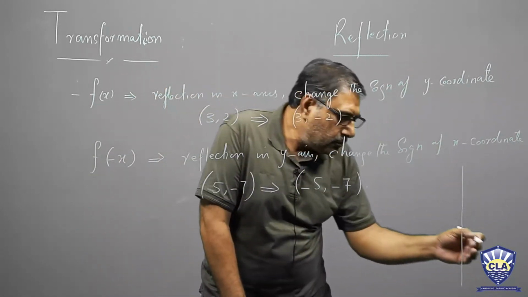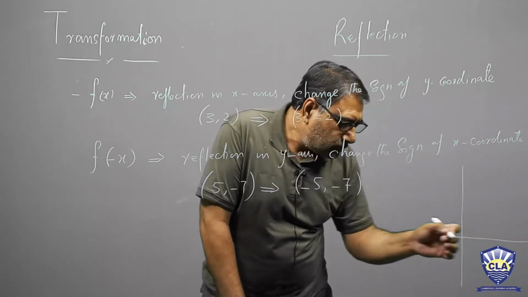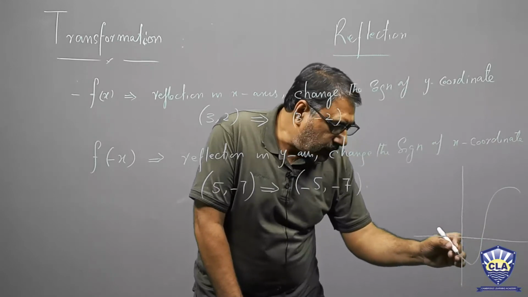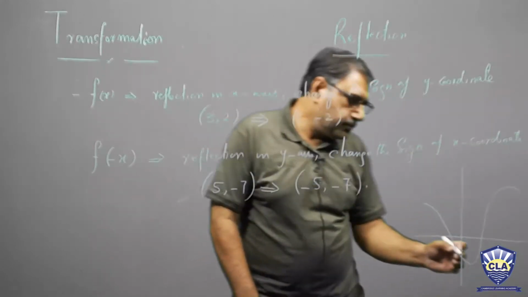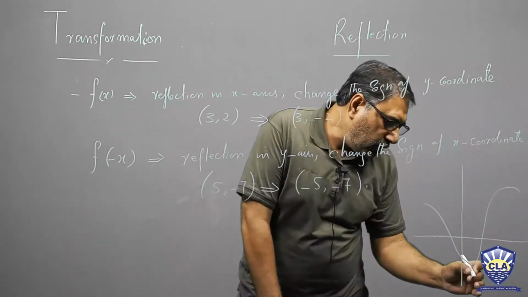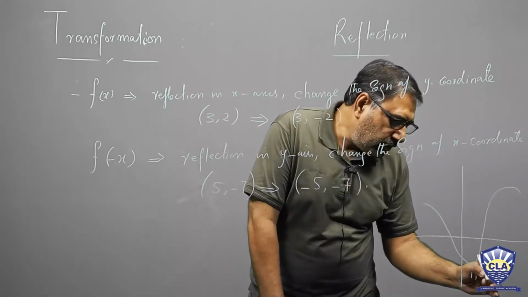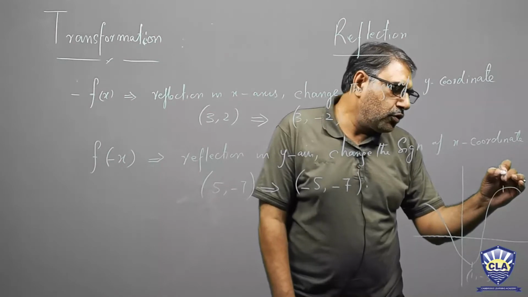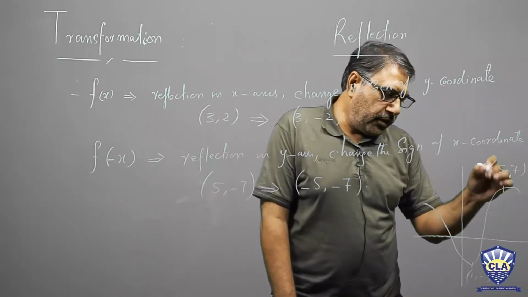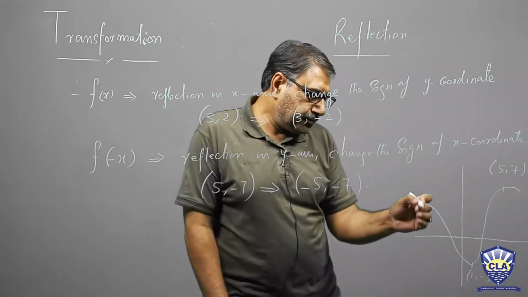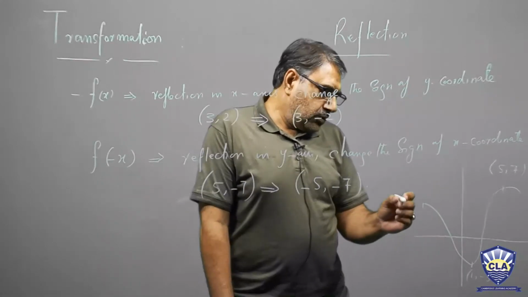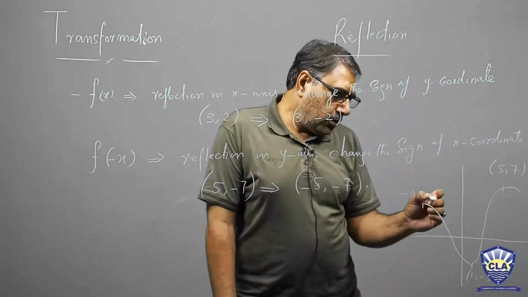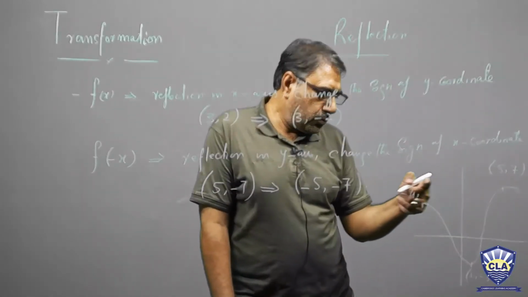For example, the same curve, a little bit changed, 1 comma minus 3. That point is 5 comma 7, and it is minus 4 comma 5.